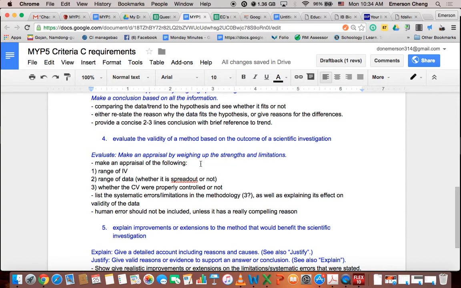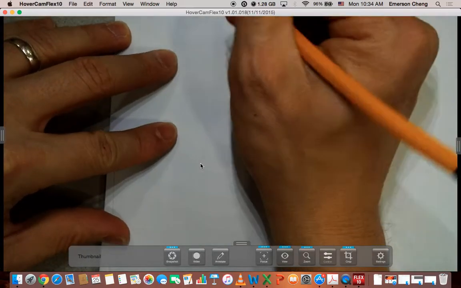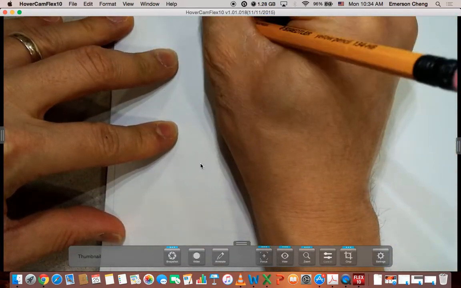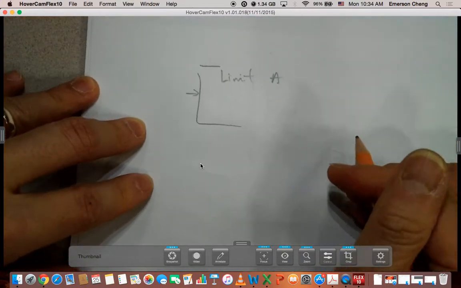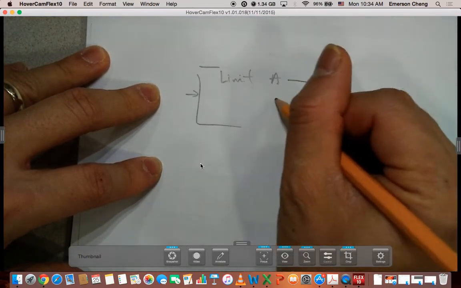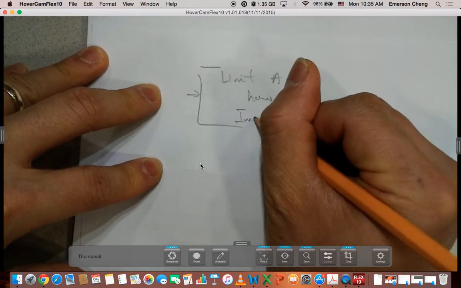Every limitation will be one paragraph. For limitation A, you say what it is, how it affects the results, and the improvements together.